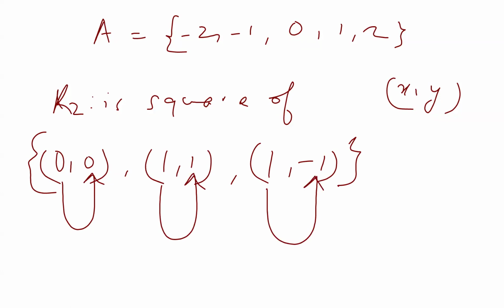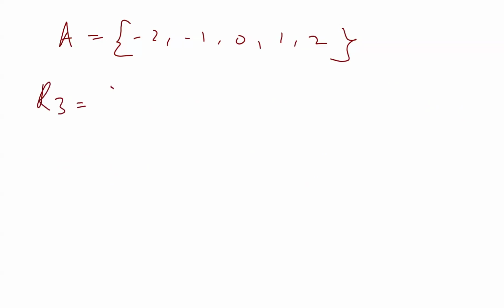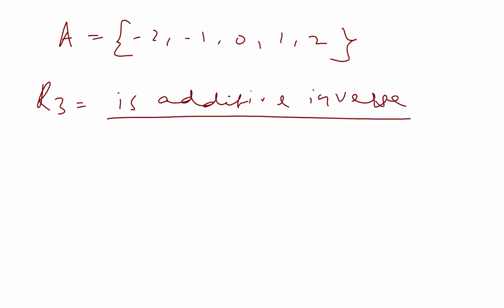Third one, additive inverse. Now A is equal to -2, -1, 0, 1, and 2. R3 is additive inverse. The meaning of additive inverse is the addition of both the components should be 0.